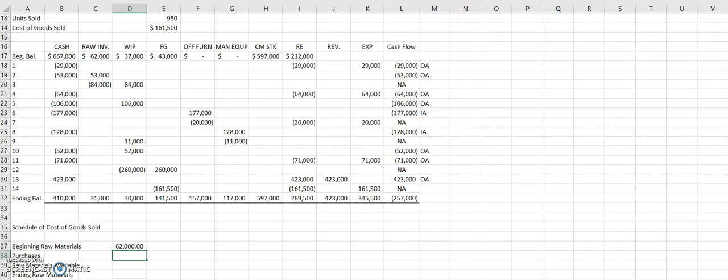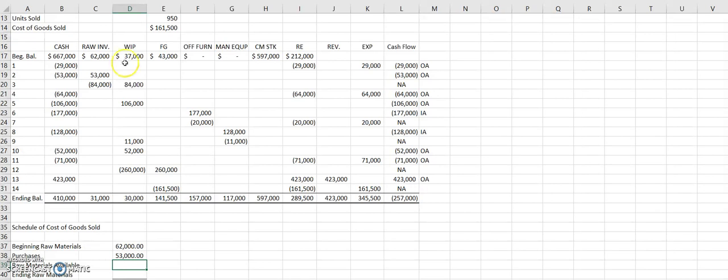Okay. So then what did we actually have in purchases of additional materials? Well, here in our second transaction, we can see that we bought more raw materials inventory. Did we have any other purchases? No, we did not. So our purchases, we can just pull that $53,000 down.